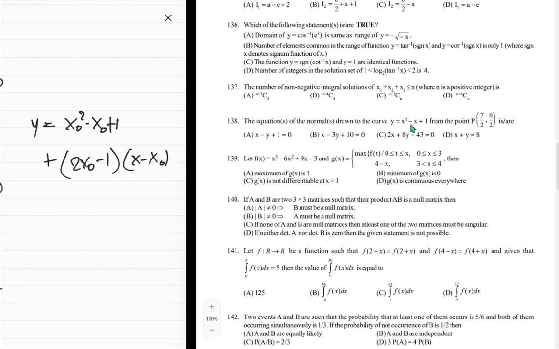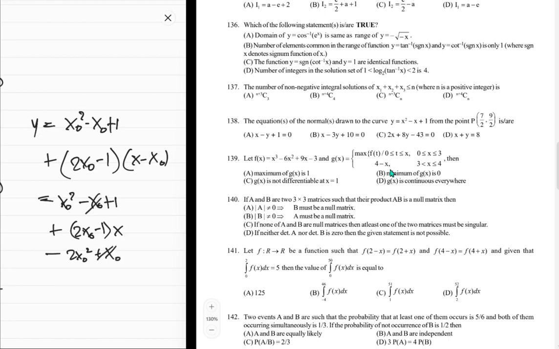So yeah, this is the equation of the normal at any point x naught, y naught which lies on this curve, right? And 7/2, 9/2, yes, these satisfy this equation. That means 9/2 equal to, we should simplify a bit: x naught squared minus x naught plus 1 plus 2x naught minus 1 times x, minus 2x naught squared plus x naught.